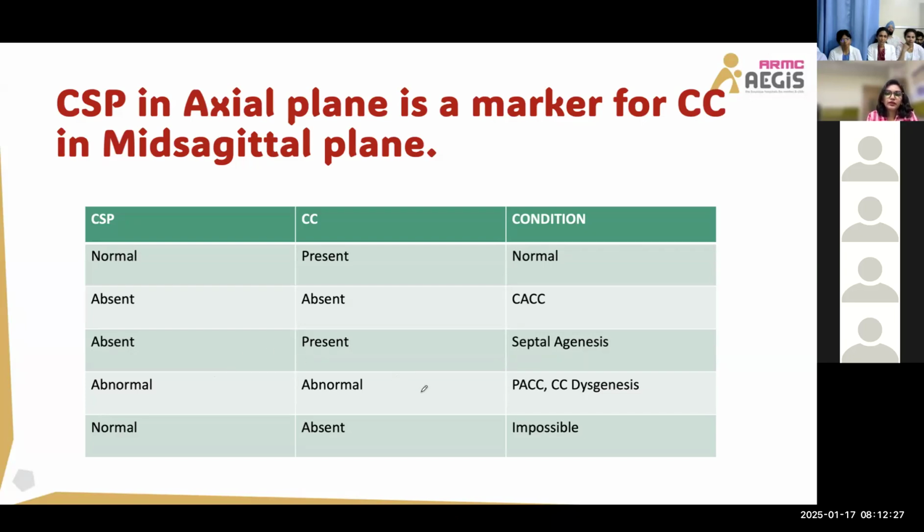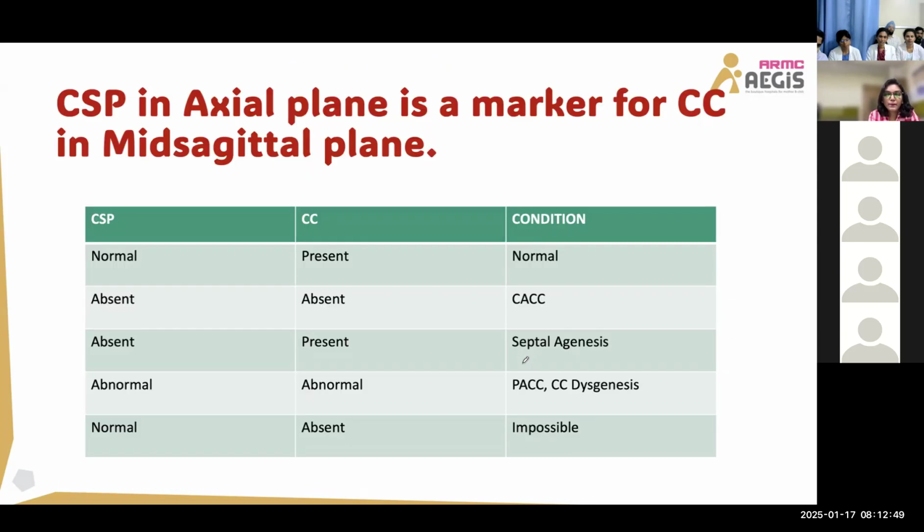There is one condition called septal agenesis, where CSP will be absent, whereas the CC will be present. This is the only condition where CC and CSP will talk different languages. That is the condition we are going to deal with today.